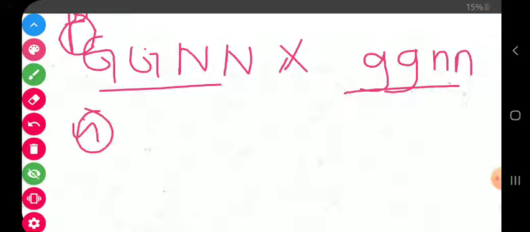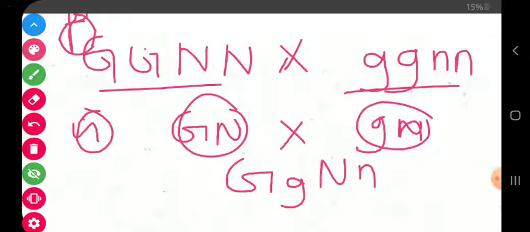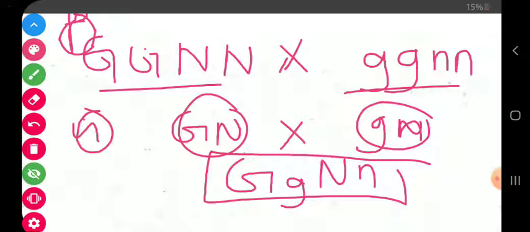Capital G, capital N, and we have small g, small n. Then we have an organism, capital G, small g, capital N, small n. So far is correct, no problems with that, and we have 100% gray-bodied, normal-winged flies.